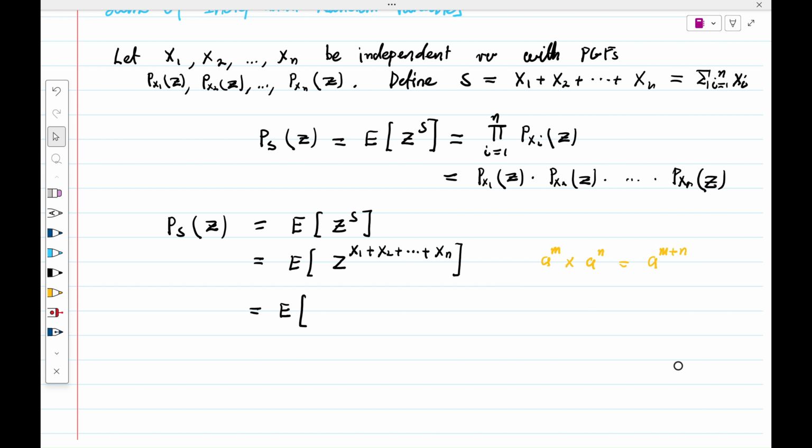The opposite is obviously true. If you have m plus n in the power, you can separate it as a product. So that's what we're going to do here. The z to the power of x1 plus x2 plus all the way to xn, we can rewrite as the product of z to the power of xi's.